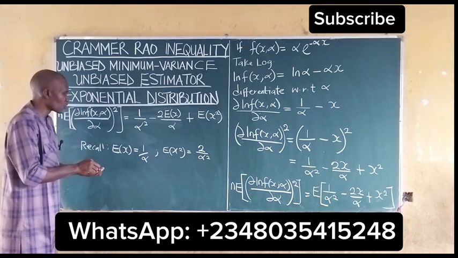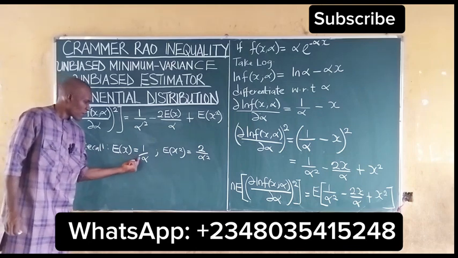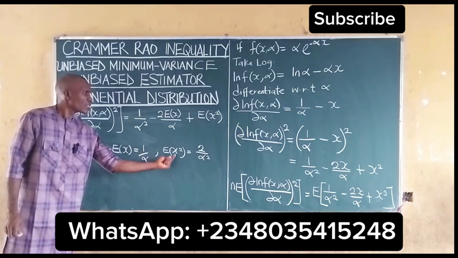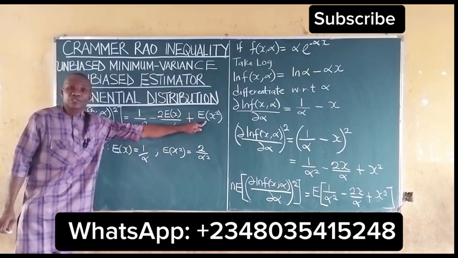The next thing to do is to substitute the values for the expected value of x and the expected value of x squared wherever we see them here.